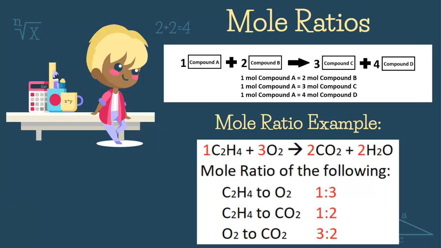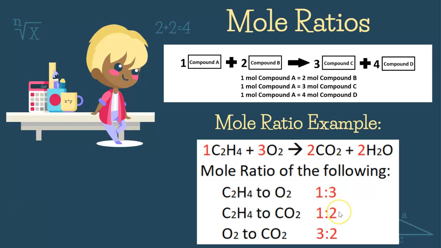For example, we have this balanced equation here, and we want to know the mole ratios of the following. So comparing C2H4 to O2, for every 1 C2H4, there are 3 O2s. So the mole ratio is 1 to 3. For every 1 C2H4, there are 2 CO2s.